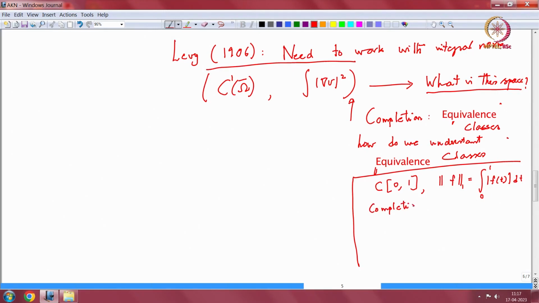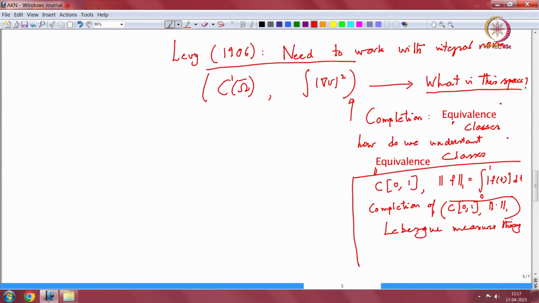The completion of this is the same situation we are facing now: C[0,1] with respect to this one norm. You are interested in looking at that completion. How do you understand it? Again, it is equivalence classes, and this is the remarkable theory of Lebesgue measure theory and Lebesgue integration.